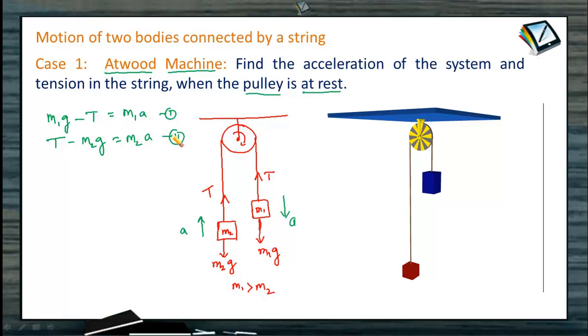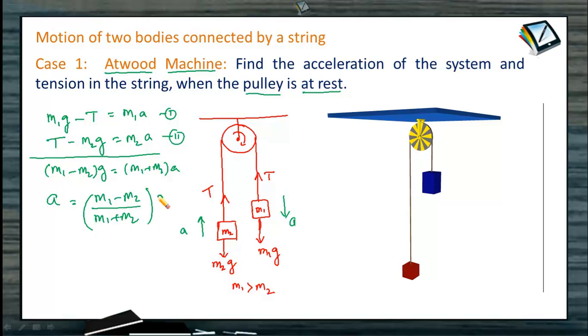This is equation number 2. Solving these two equations, adding, we get (m1 minus m2)g is equal to (m1 plus m2)a. So the acceleration of the system will be (m1 minus m2) by (m1 plus m2) into g.